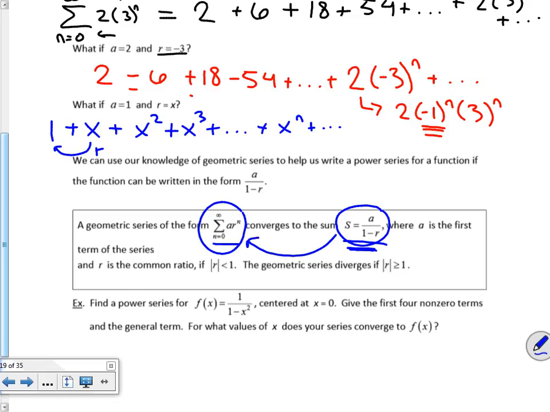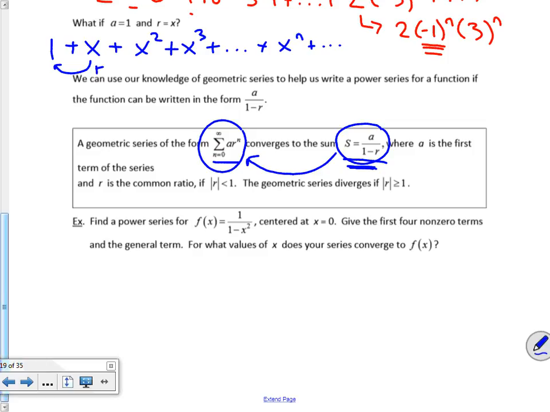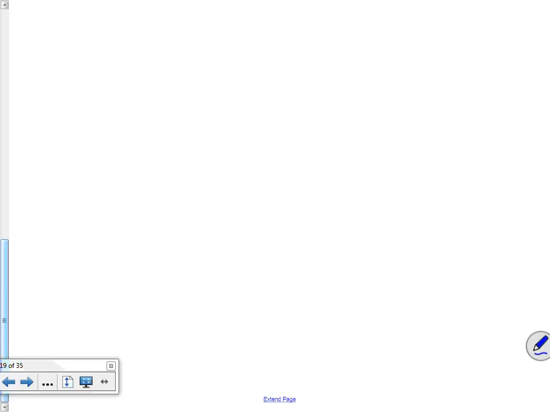Now, something that we did, if you have a scratch piece of paper, this would be a great place to put it. On the first day of class, we came in and we said, let's write 1 divided by 1 minus x as a series. And so we did long division. We said, all right, 1 divided by 1 minus x.